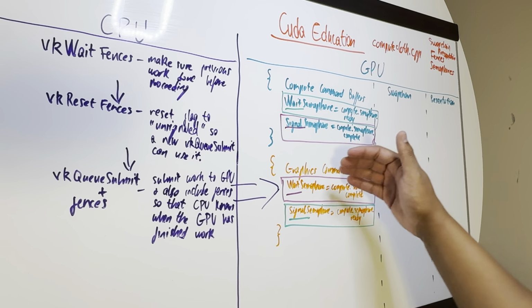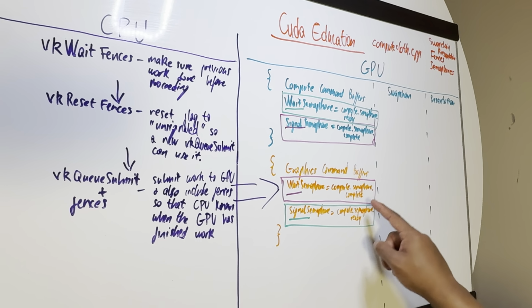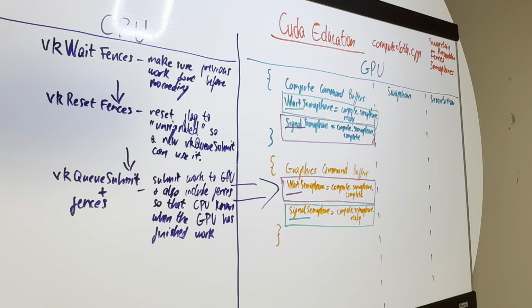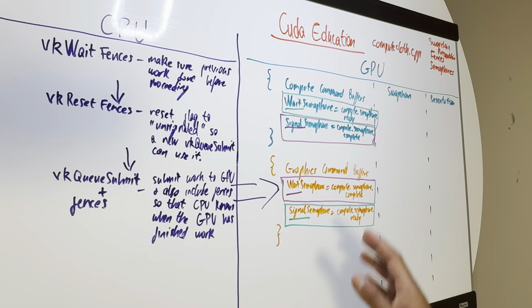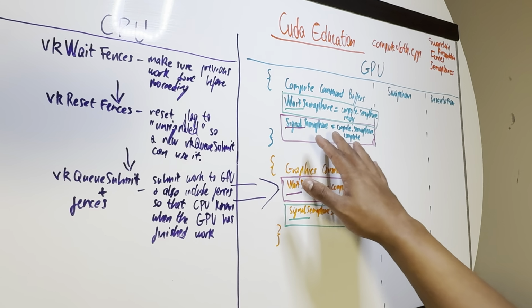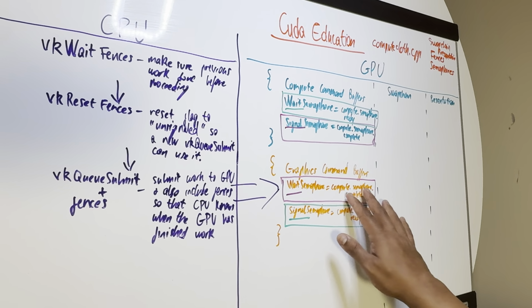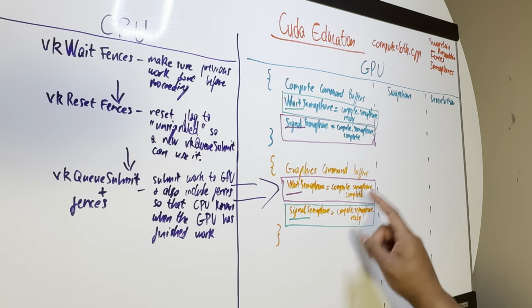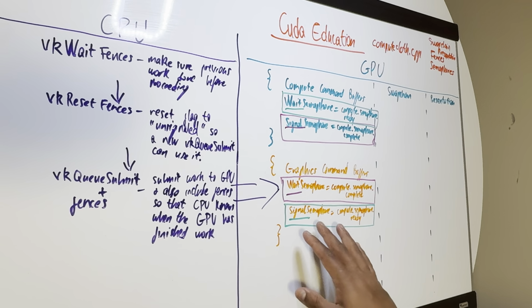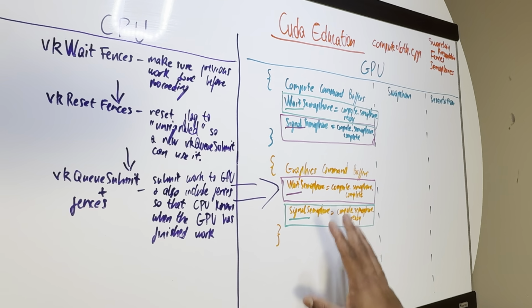Onto the graphics side, the graphics is waiting for that compute.semaphore.complete to be signaled. We've been waiting on compute, and compute now says it's finally done. We can now proceed with our work. When we proceed with our work, we eventually signal that compute.semaphore.ready means we have finished our graphics work.